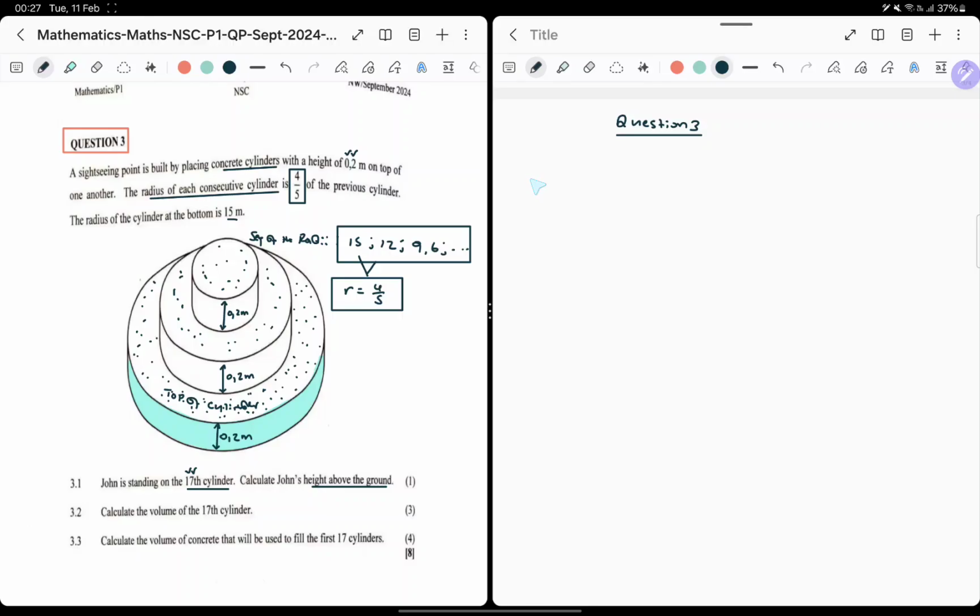So this is very easy. 3.1. We can say John's height is going to be 17 times the 0.2, because this is not really difficult. It's as simple as that. So 17 times 0.2 is basically 3.4 meters above ground.